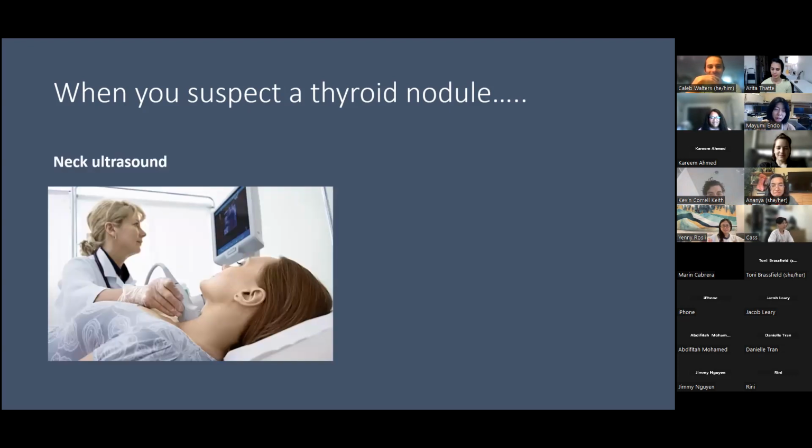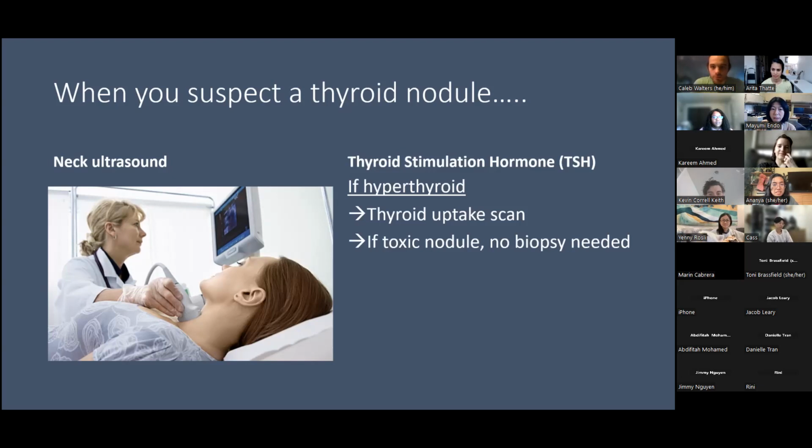So if you suspect a thyroid nodule, the first thing you do is neck ultrasound to see if you truly have a thyroid nodule or not, because sometimes you don't. And as you correctly said, we like to check the thyroid hormone. This is because if you have hyperthyroidism and find a toxic nodule, these nodules are always benign.